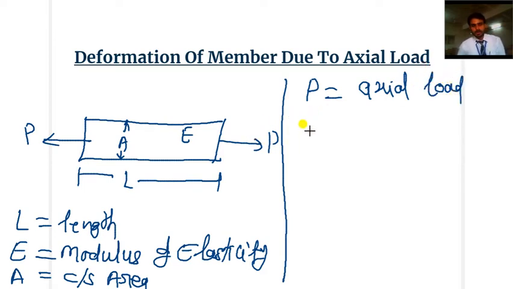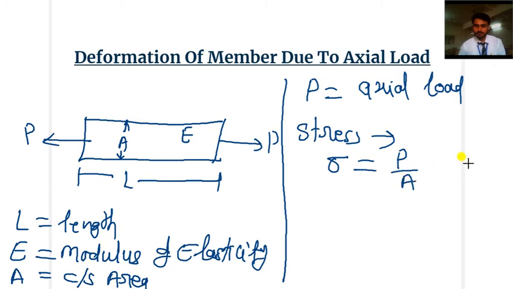If we apply an external load, the material will resist it, that means stress will be produced. So the stress due to the external load P will be sigma equal to load by area, P by A. And strain will also generate in the bar.